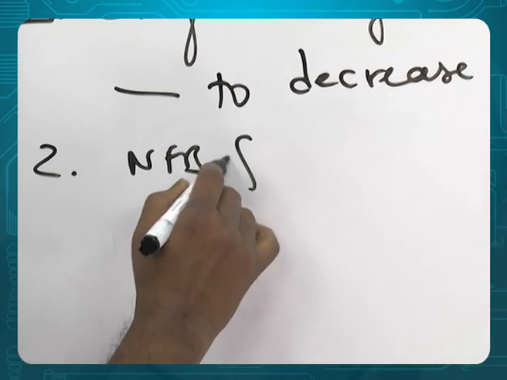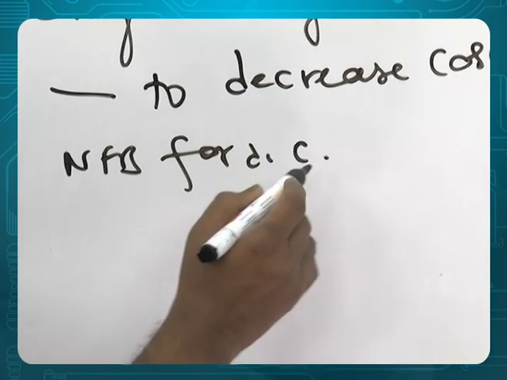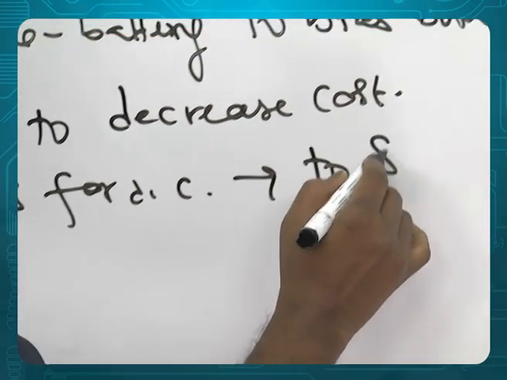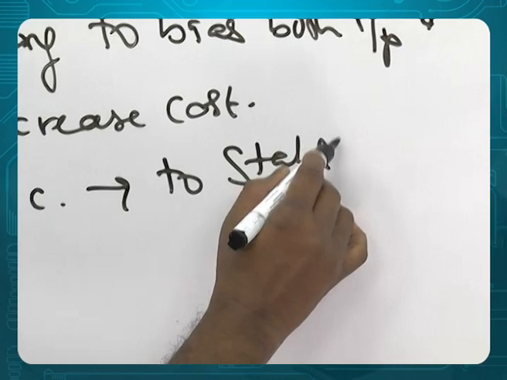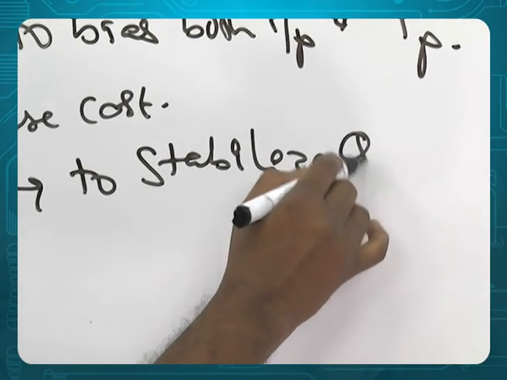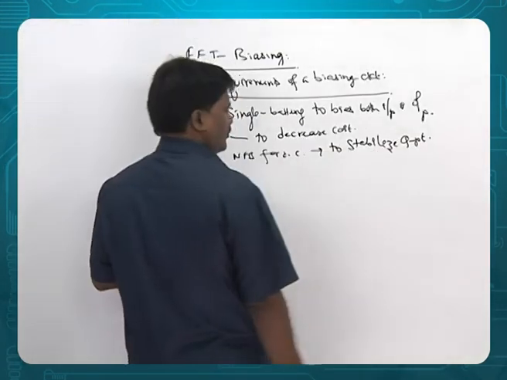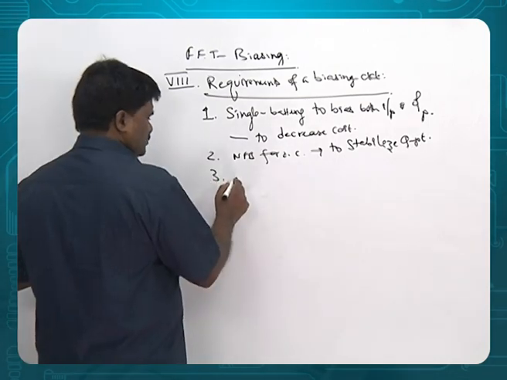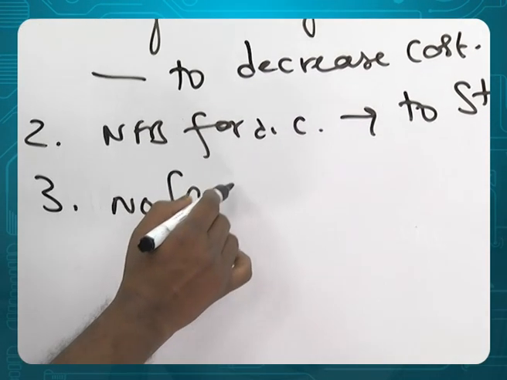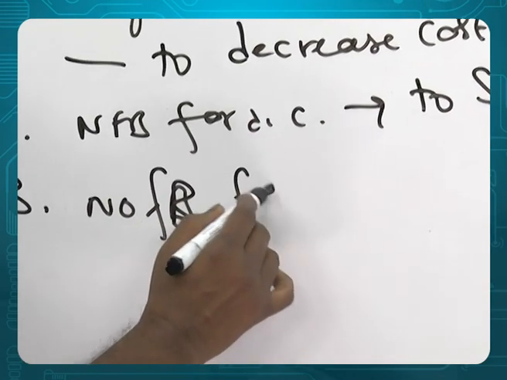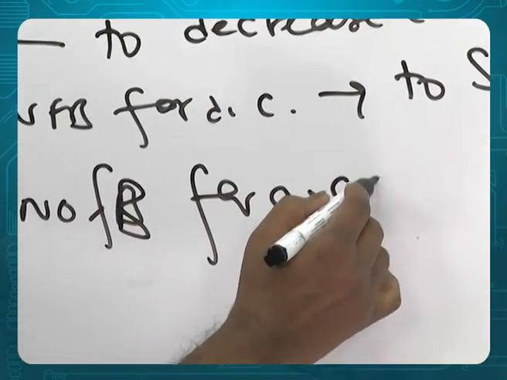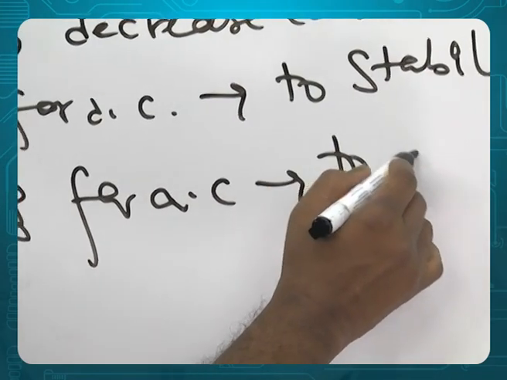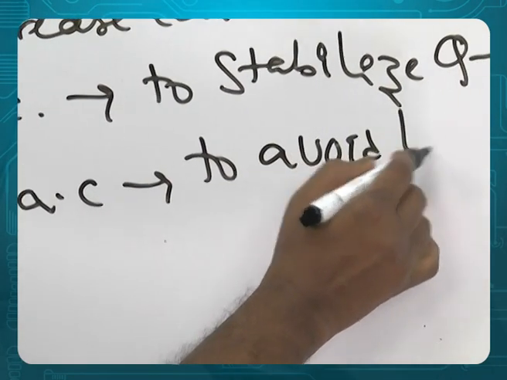Negative feedback for DC. What for? To stabilize Q point. Third one: no feedback for AC to avoid loss of gain.